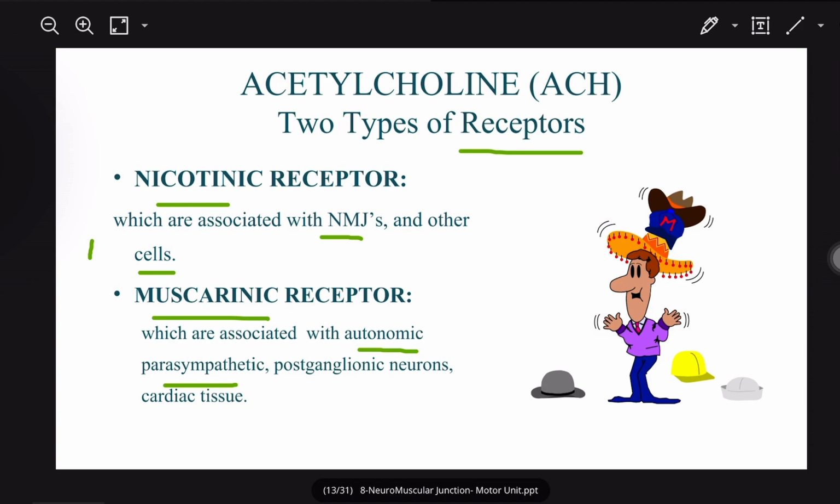But just focus on one: they act on the postganglionic neurons and the cardiac tissues, and this is important because they are really important in cardiac tissue. Remember, if someone has heart problems, they tell you that you have problems with calcium and these things, and this actually causes problems, especially in the heart, because it is cardiac tissue.